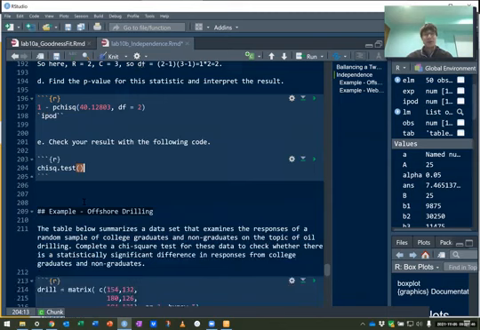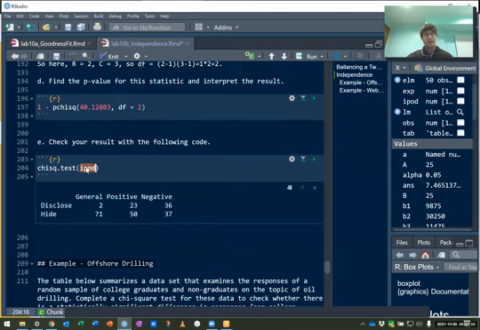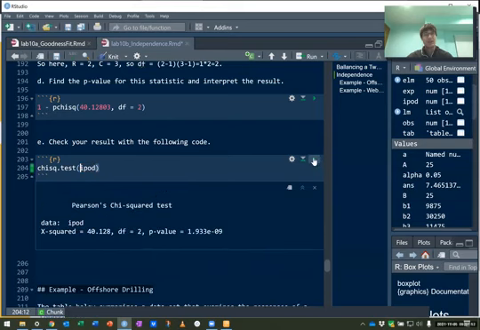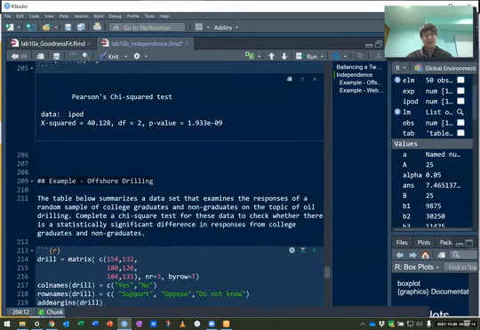So if you put in your table, you run the chi-squared test, and it does all the work for you. Notice we get the same chi-squared, the same degrees of freedom, and the same p-value. So this is nice. Once you understand a test, a program can often do the whole test for you. Now your job is just to interpret: I got my p-value, what do I do with it? So very good. This is the end of my explanation.